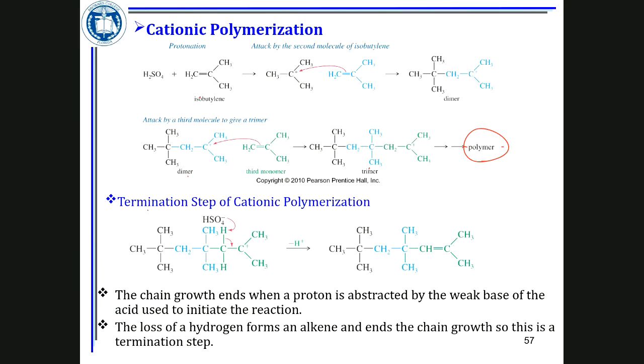In the termination step, you have to bring a nucleophile to react with the carbocation to stop the reaction, or you have to bring some sort of inhibitor. In the last step, you can get an elimination reaction, like an E2 type reaction. If hydrogen is removed, you end up with a CC double bond at the end of the chain, because the reaction has to stop.